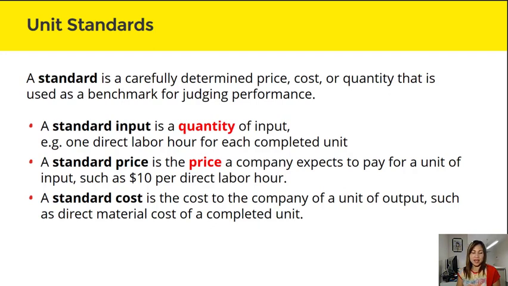It can also be a standard price, that is how much the company expects to pay for one unit of input. For instance, this type of work, we will need to pay, let's say, $10 per direct labor hour. And a standard can also come as a standard cost, that is the cost to the company for one unit of output. For instance, the direct material cost of a completed unit.